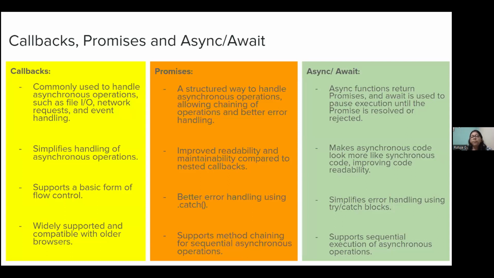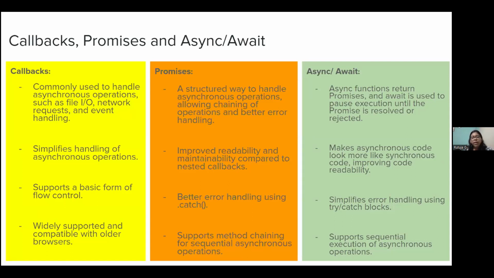To put it in simple terms, callbacks and promises and async await are all the same thing, just better versions of themselves. So what is a callback? I mentioned earlier that a callback is a function that is passed as an argument to another function. Callbacks are a basic building block of asynchronous operations.